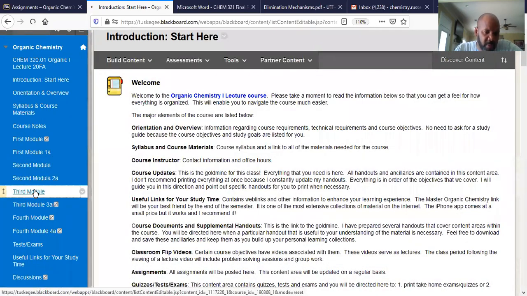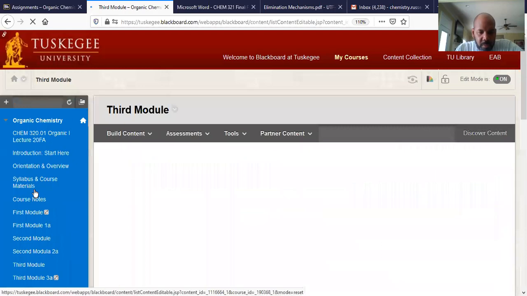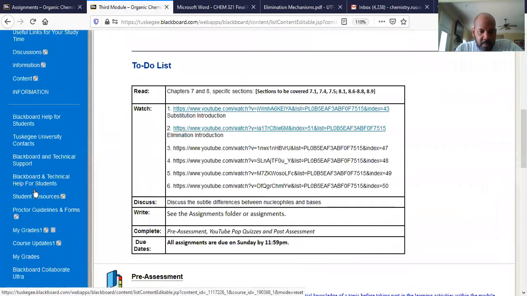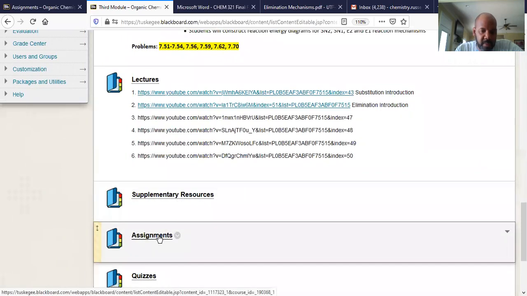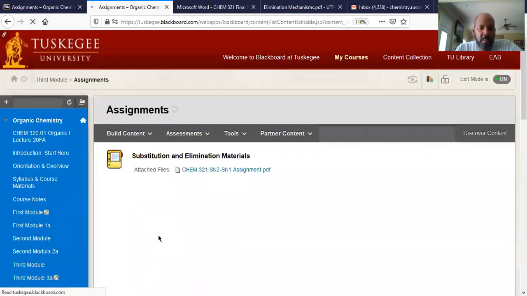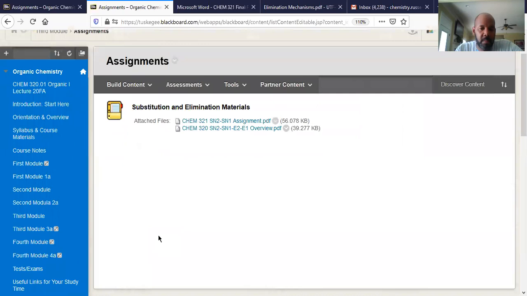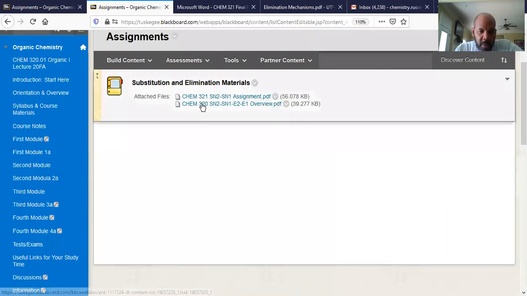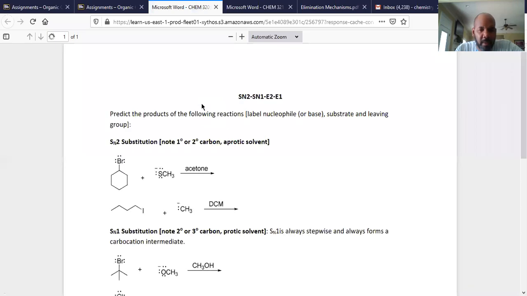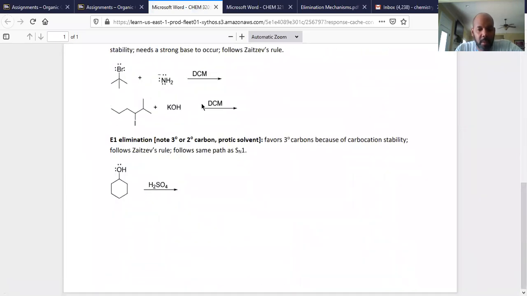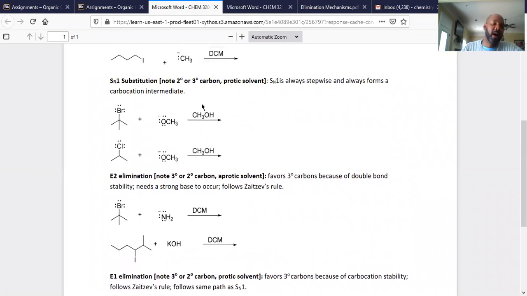So we're in the third module. Yeah, it's right here, I think, in the overview. I'll upload the solvent page and this other page with the energy diagrams.